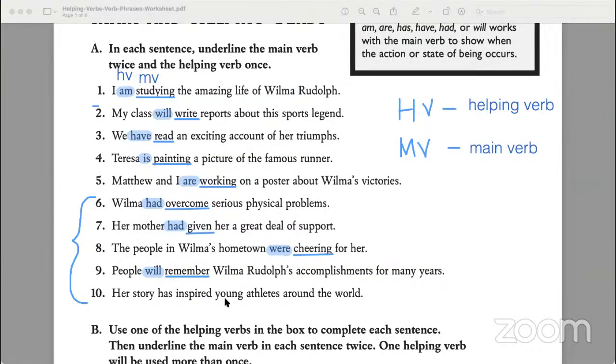Her story has inspired young athletes around the world. So you said the helping verb is has. And the main verb? What would be the main verb? Inspired. Inspired. Well done.